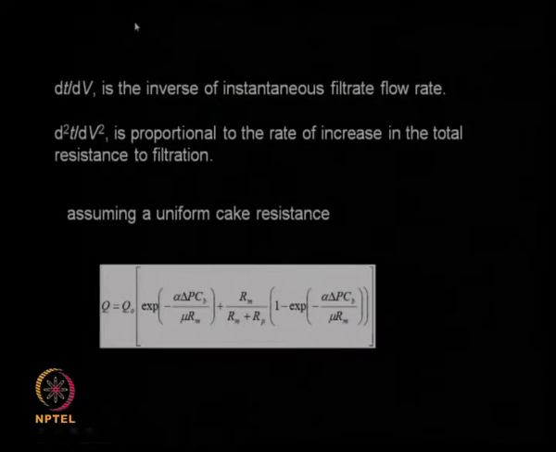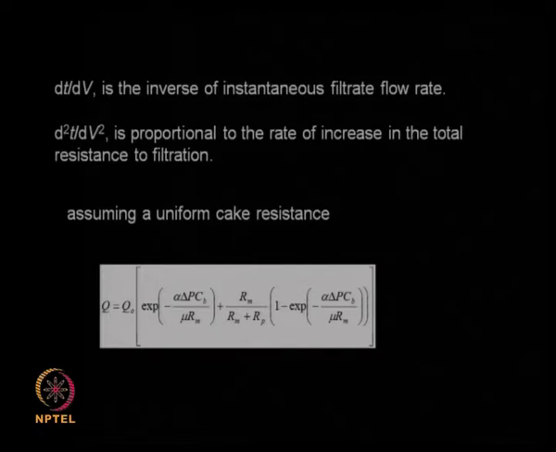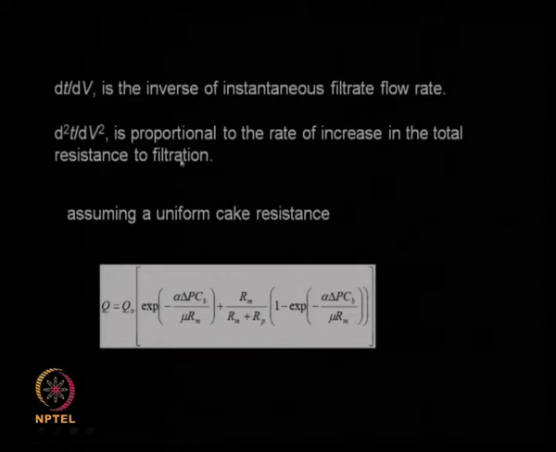Now dt by dV, on the right hand side, is the inverse of the instantaneous filtrate flow rate, because V is the volume, dV by dt is the filtrate flow rate, and dt by dV will be the inverse of that. Now d squared t by dV squared is proportional to the rate of increase in the total resistance to filtration, that is what is on the left hand side.